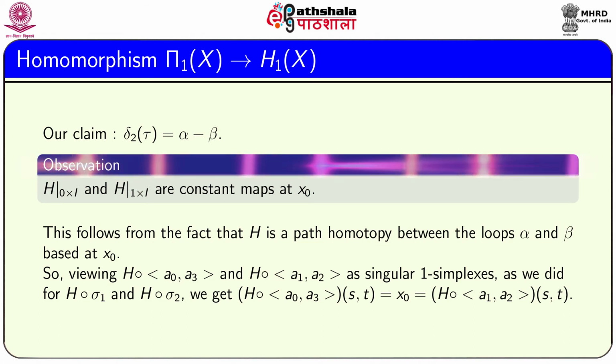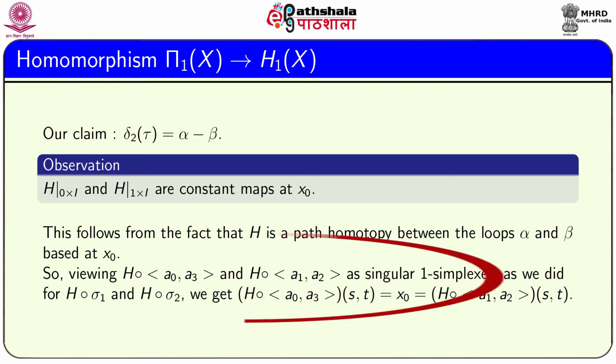Before we prove this, we observe that the function H restricted to 0 cross I and the function H restricted to 1 cross I are constant maps at the point x0. This follows from the fact that H is a path homotopy between the loops alpha and beta based at x0.